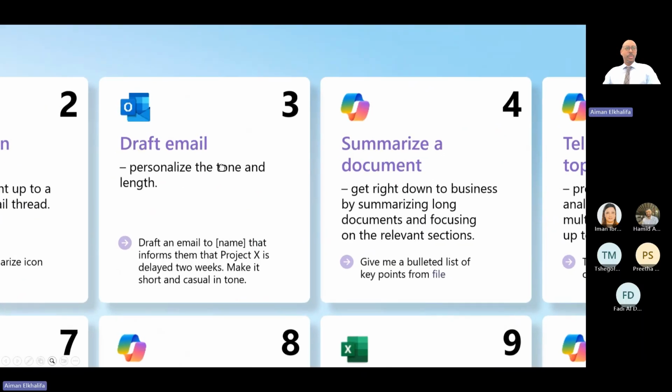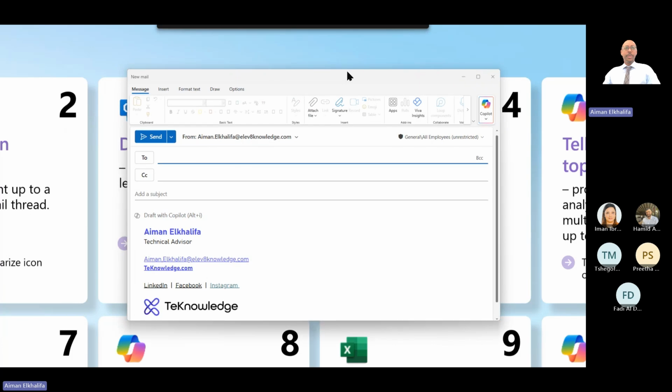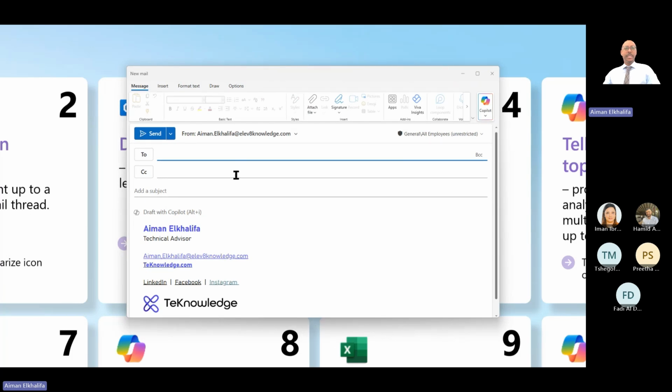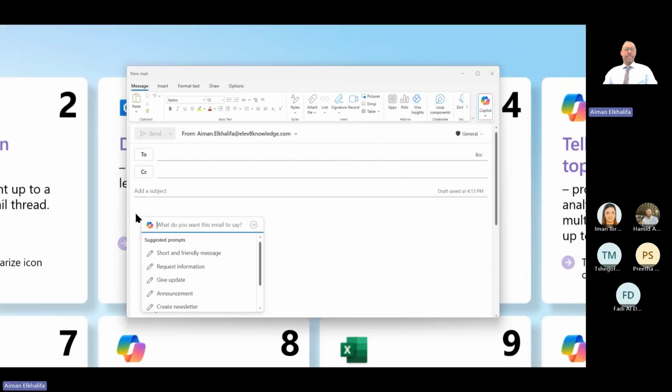Now, if you haven't tried drafting emails with Copilot, the experience is really nice and easy. All you have to do is go into the new email interface, and Copilot is right here offering help. You click on the Copilot icon, and Copilot will ask you what you want to do.